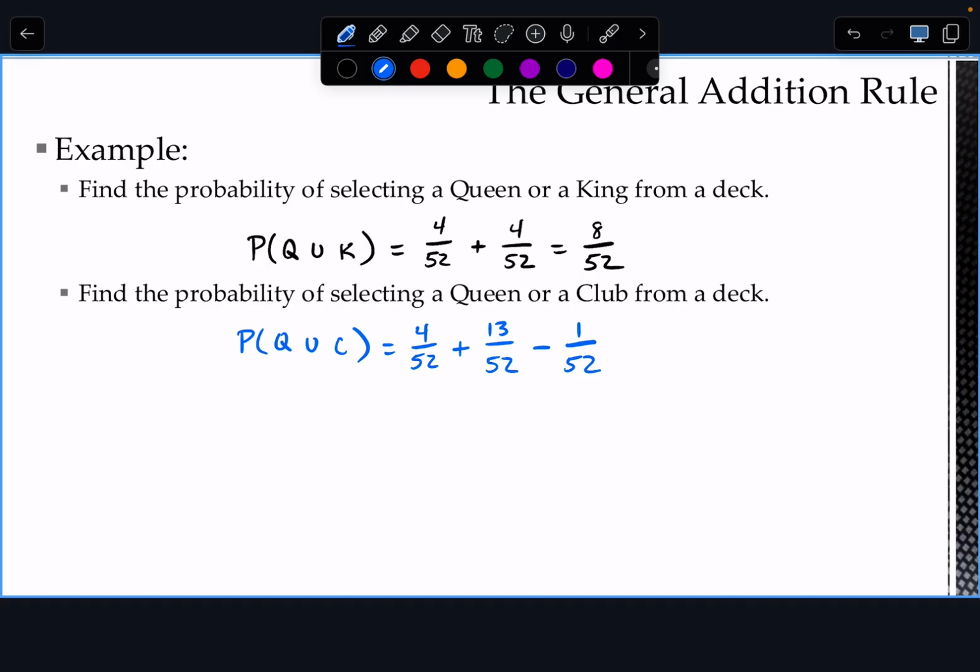And so then we would have a 16 out of 52 chance of this, which we would then reduce or plug in the calculator to get the decimal. But this is what I expect to see on these types of calculations. So give me the notation to tell me specifically what you're calculating. Show me the numbers you're plugging in to calculate it, and then whatever the final answer comes out to be.